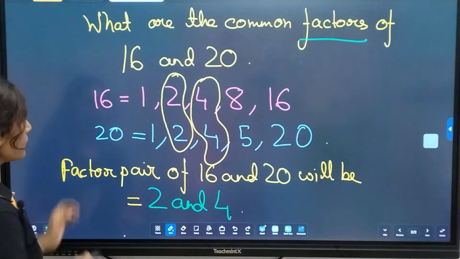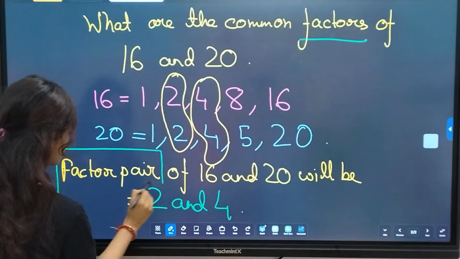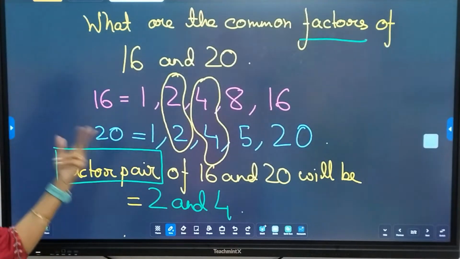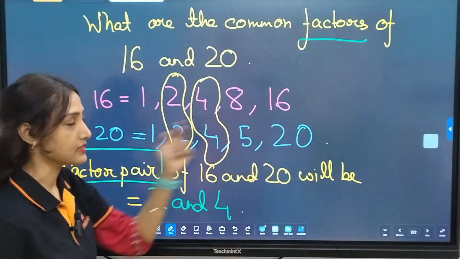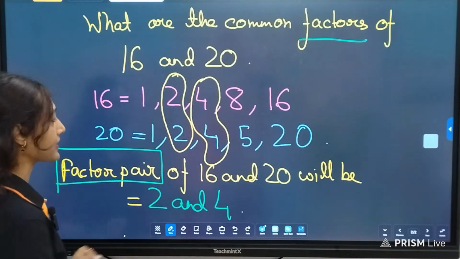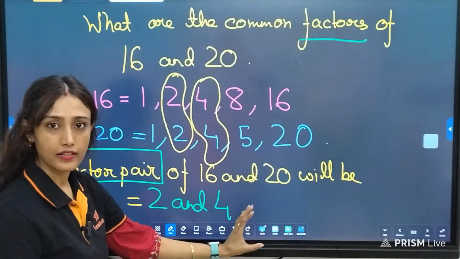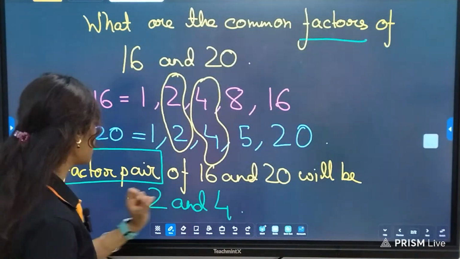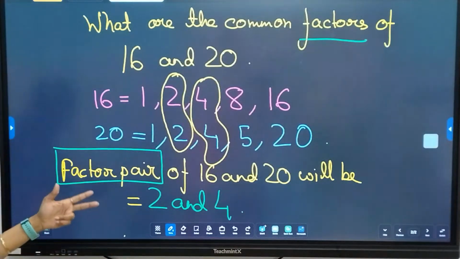If they ask you what are the common factors, just like common multiples, you have to compare both the factors. When you compare both and find the common factors, those common factors will be the answer or factor pair of the given numbers.